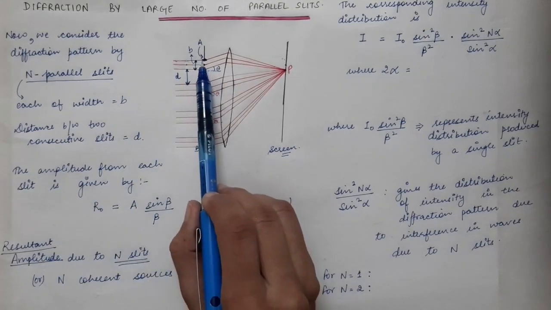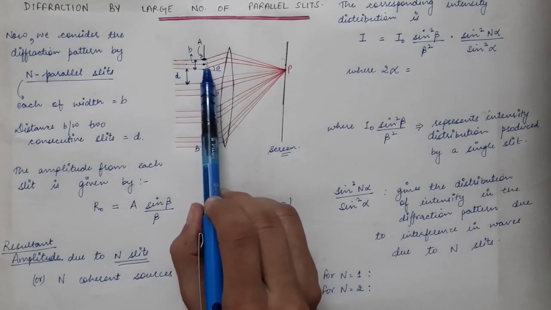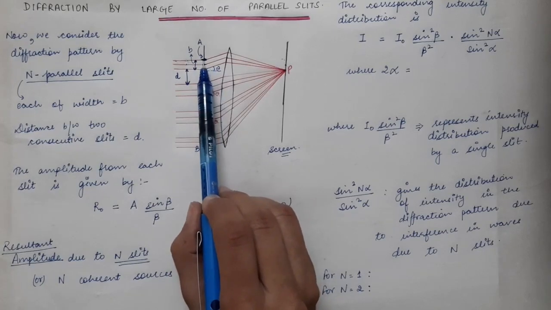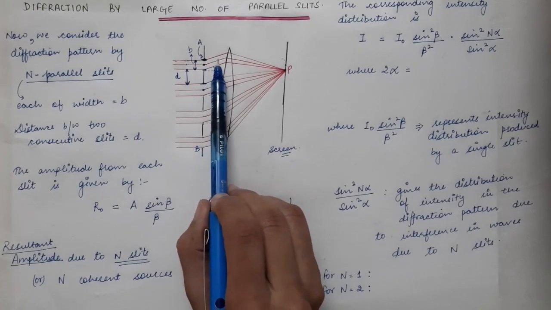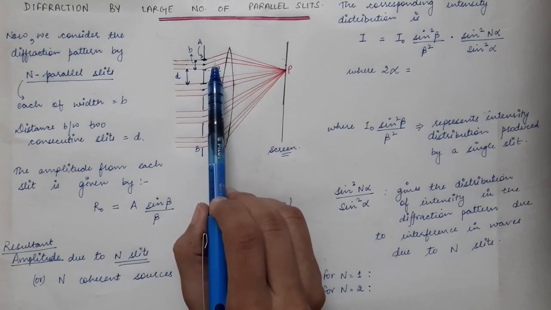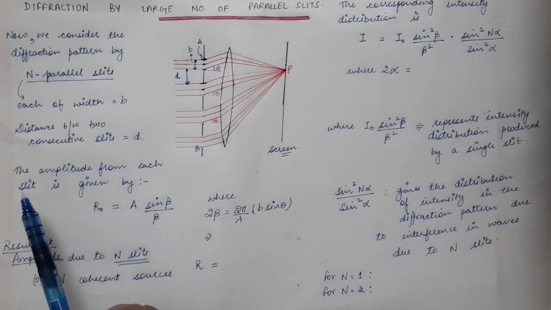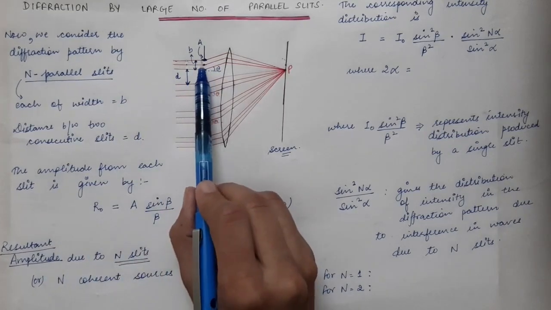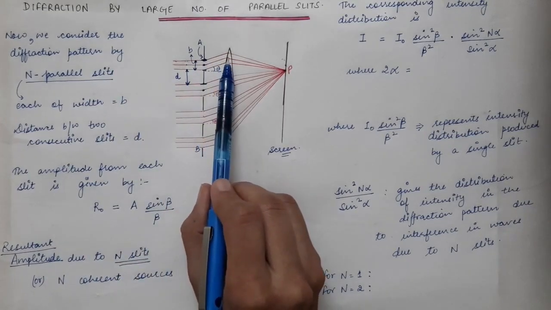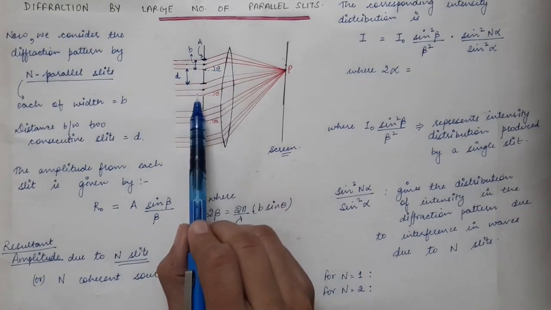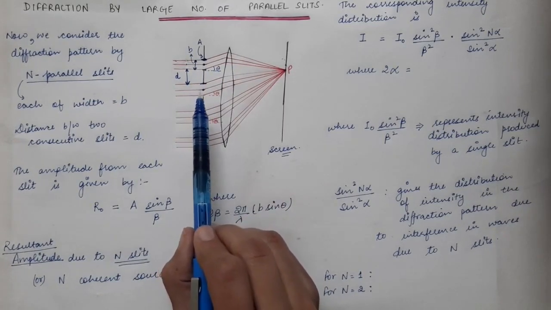If I take this first slit, the amplitude due to the light getting diffracted from this slit is due to diffraction. Here I am talking only about a single slit. Due to a single slit there is only diffraction, and if you have more than one slit, then you will also talk about interference.